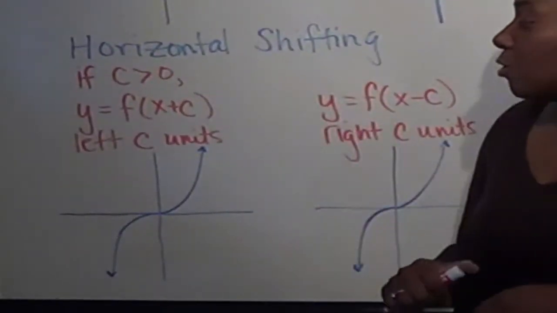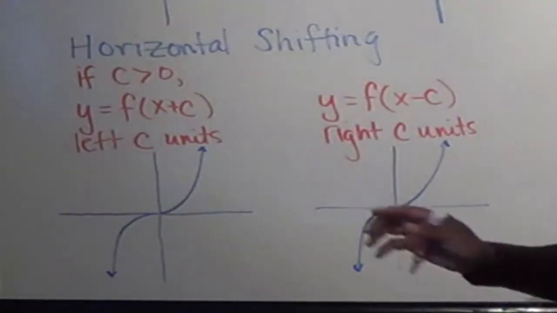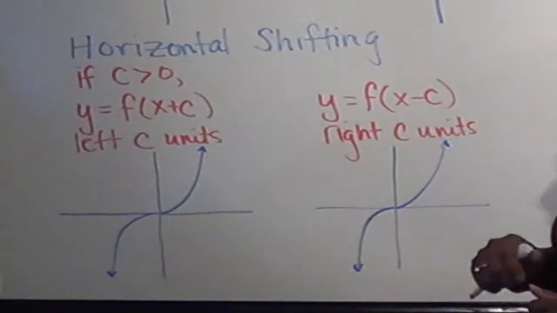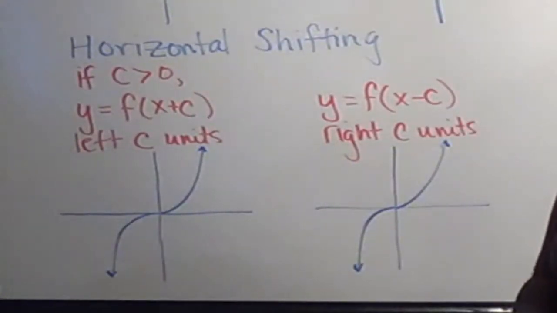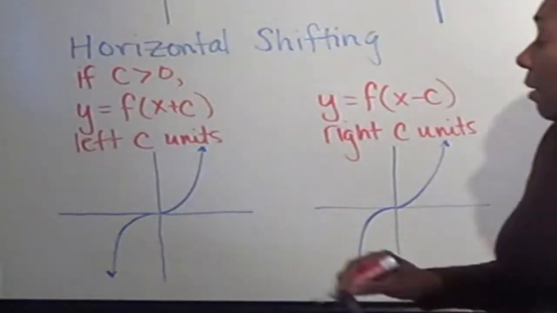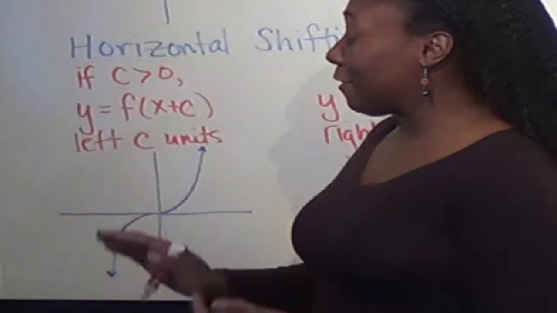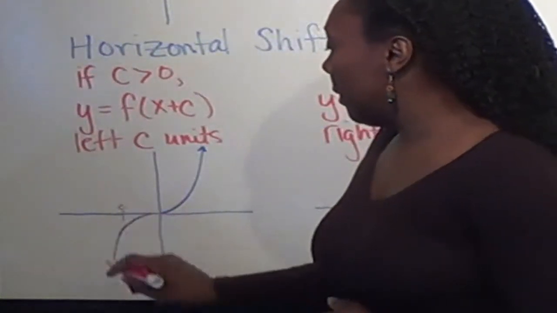For the horizontal shifting, these are the shifts that apply to my x values. So if c again is greater than 0, and I add c to the x's and then apply the function, this is going to shift my graph left c units. So from here it would come over here.